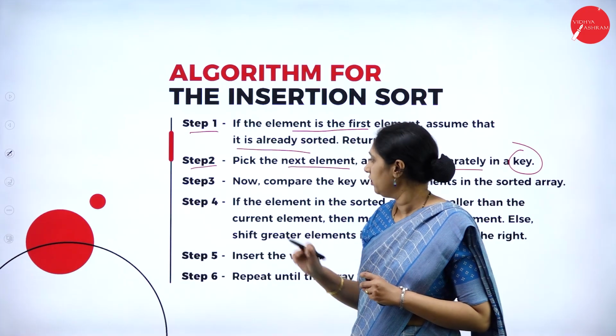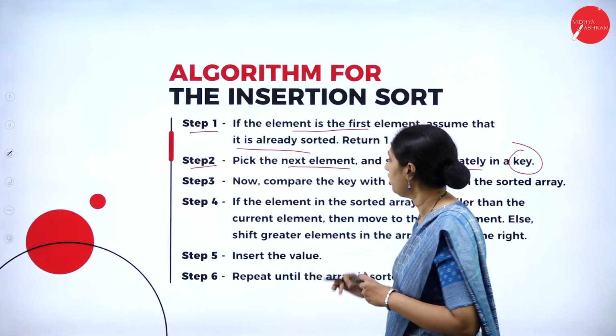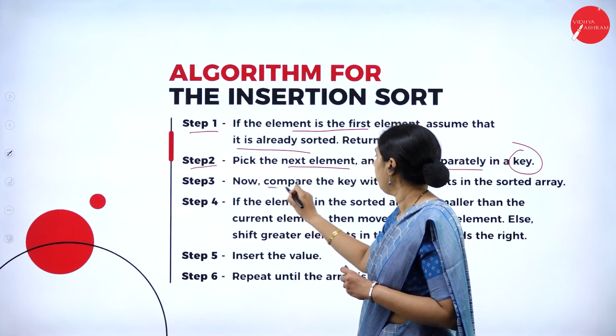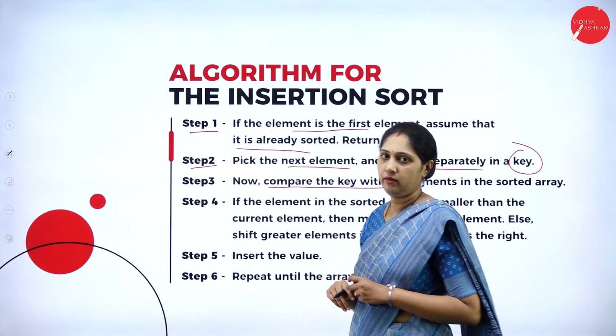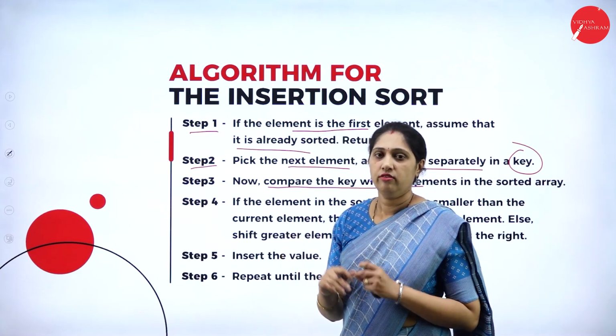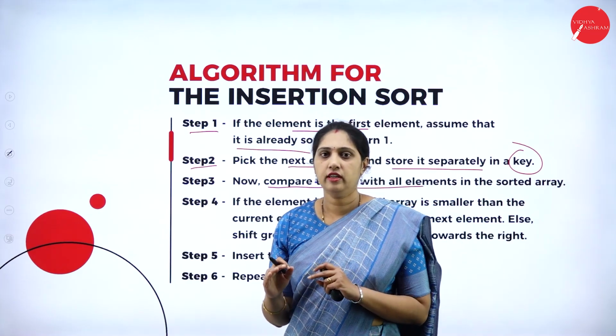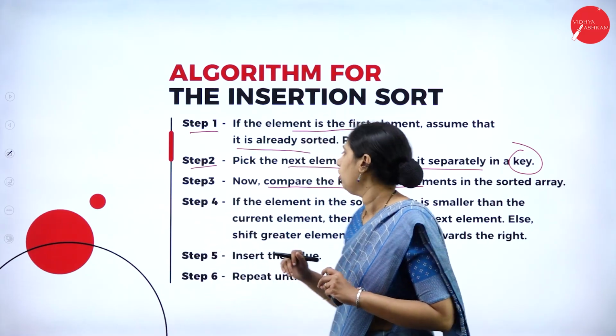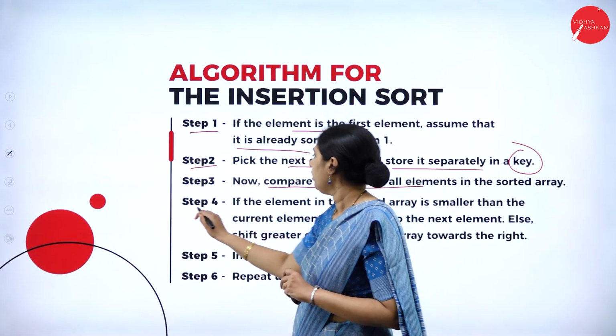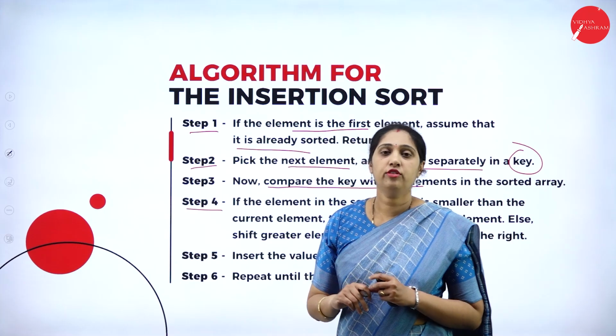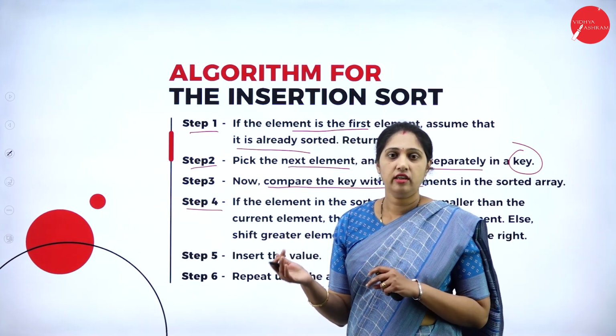Why do we have to store it? That is the third step. What is the third step? We have to compare the key with all elements. We have kept the second element separately so that we can compare it with all the elements. What about step 4? Now we have to compare whether it is greater or lesser.